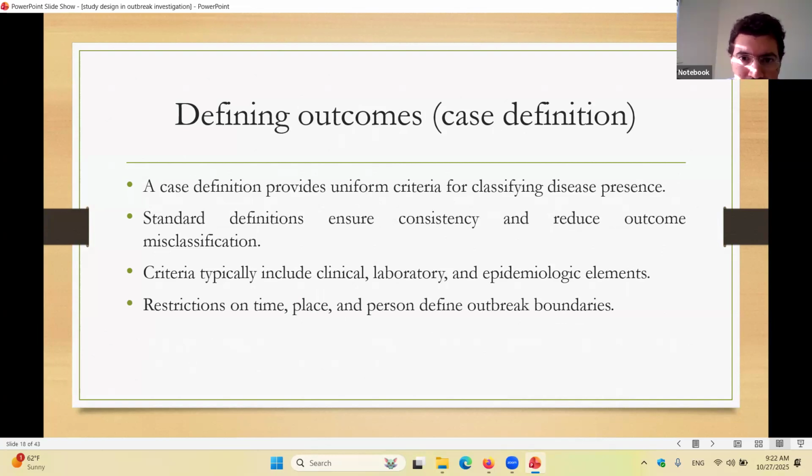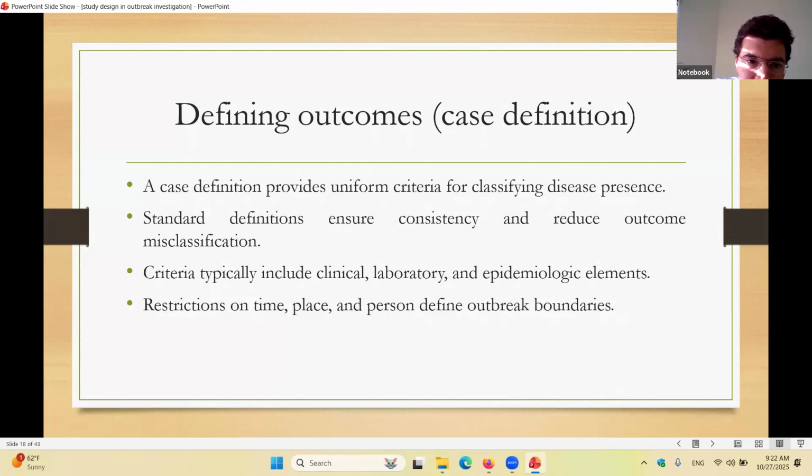Regarding definition of outcomes or case definition. A case definition provides uniform criteria for classifying disease presence. Standard definitions ensure consistency and reduce outcome misclassification. I will tell you what is a misclassification.